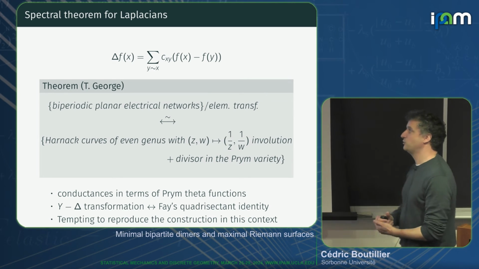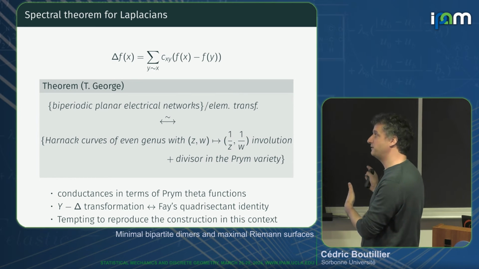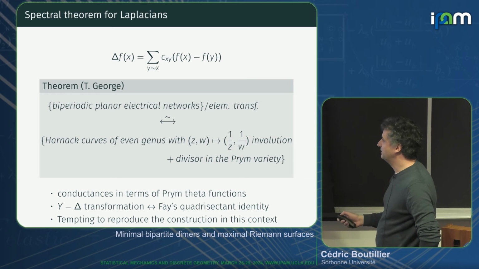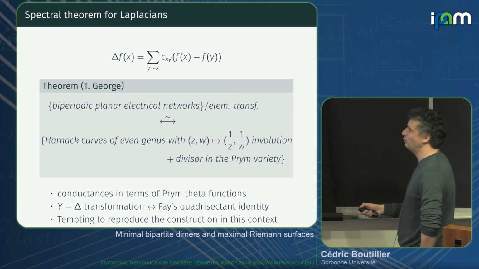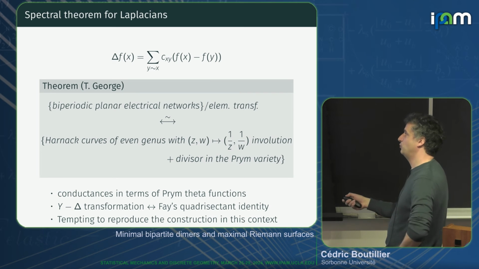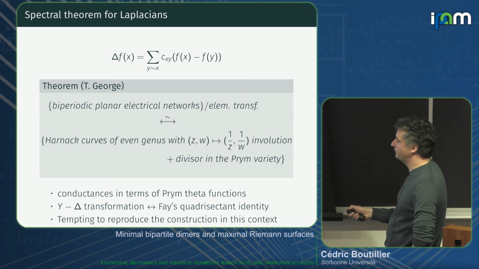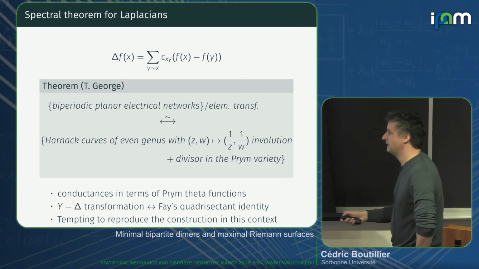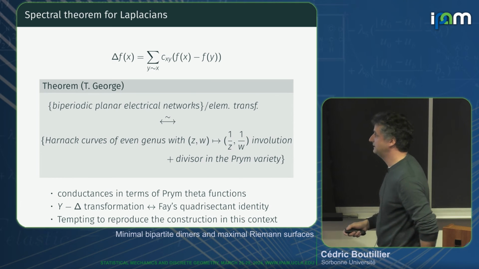So a few years ago, Terence George proved an analog of the spectral theorem for biperiodic planar electrical networks, which is a bit imprecise here, but which says that morally you have a bijection between biperiodic planar electrical networks modulo elementary transformation and Harnack curves with even genus, which come with an additional involution, and a divisor which lives now in what is called the Prym variety of this Harnack curve.